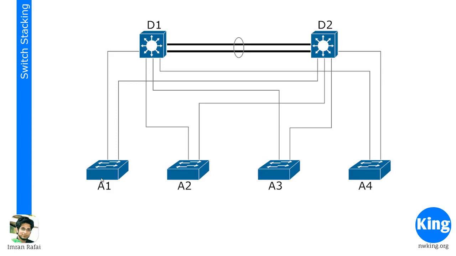Typically, in our example here, A1, A2, A3 and A4 are 4 access layer switches, and these are connected to 2 distribution layer Layer 3 switches. Each access layer switch has to be connected to both distribution layer switches.